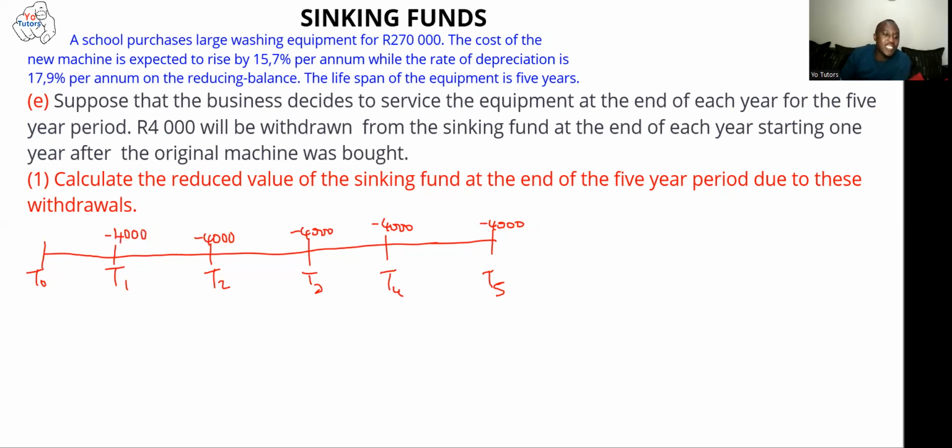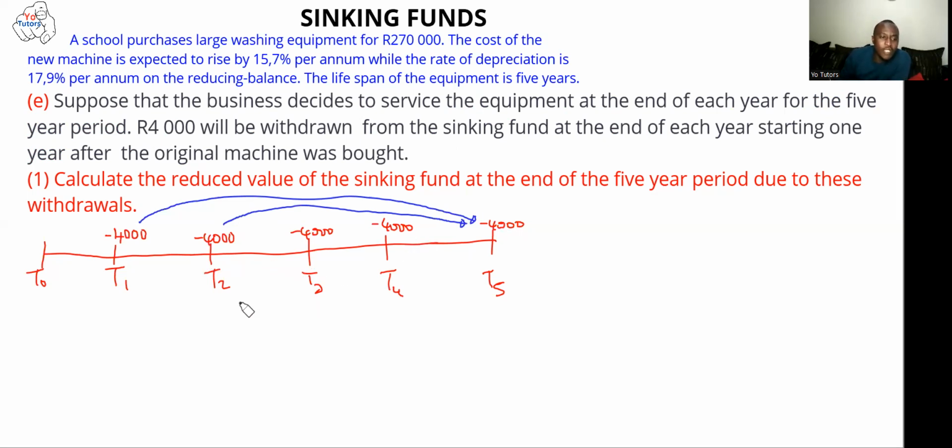But the first 4,000 was supposed to grow for how many months? That's the question now. Another 4,000 in the second year was also supposed to grow, but for how long? How many months? That's what you need to understand. Because remember, it's compounding monthly.